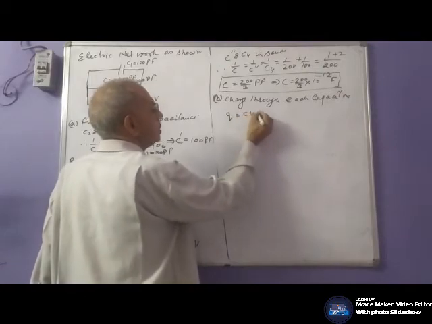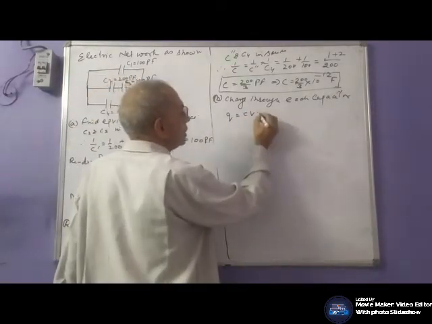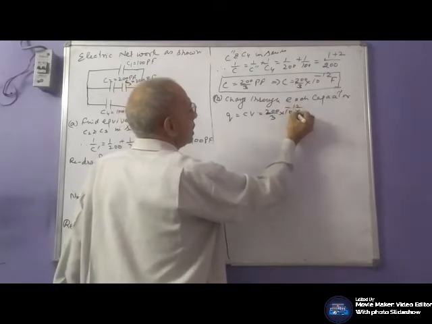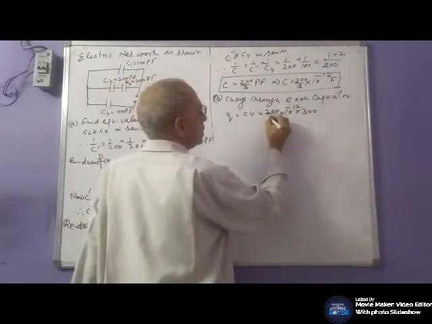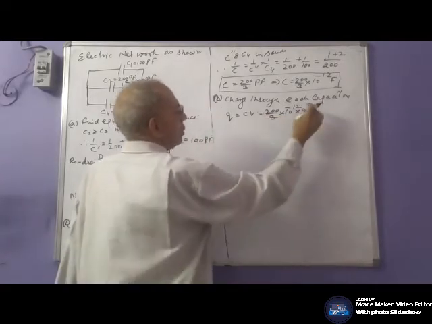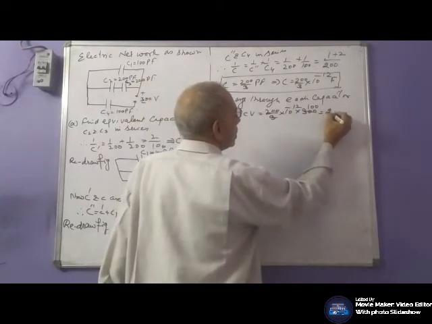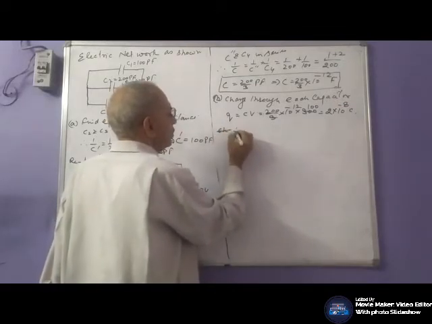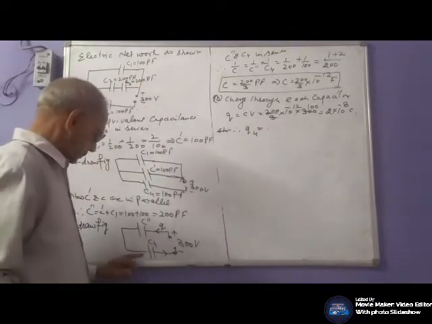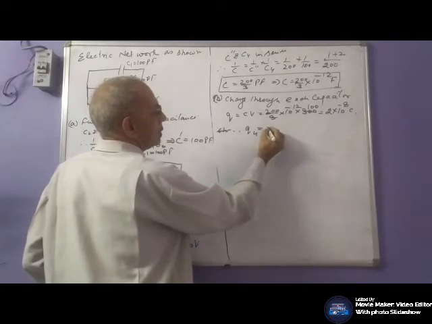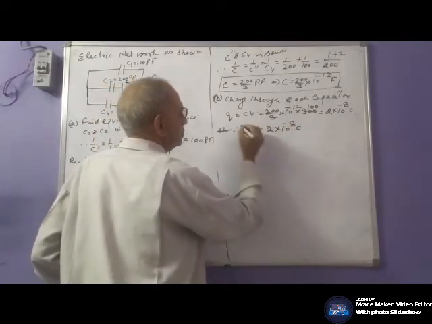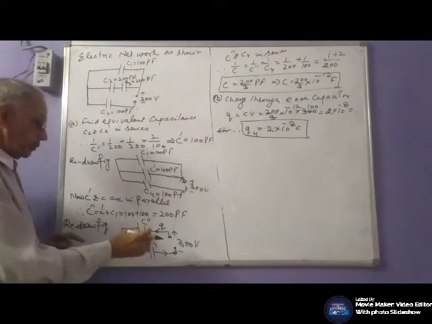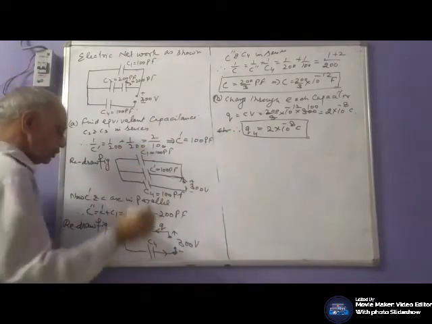Q equals CV, this is C and this is V. Therefore, Q4, the charge through this, is 2 times 10 to the minus 8 coulomb. Charge through C dash is the same.